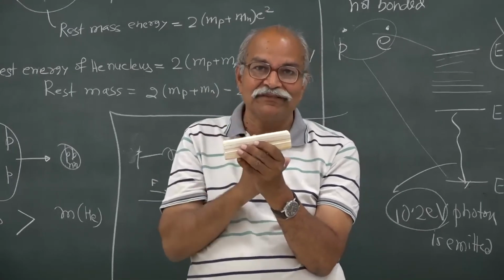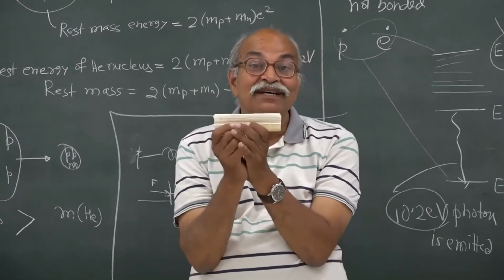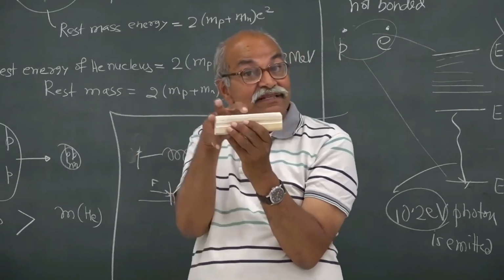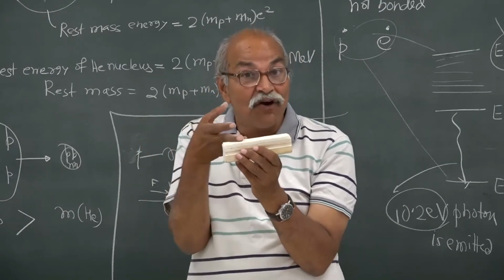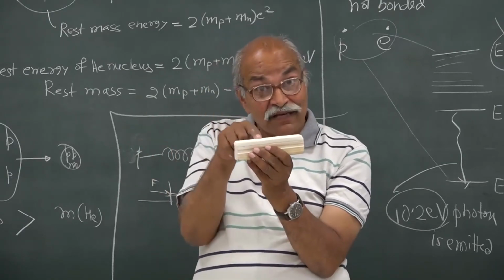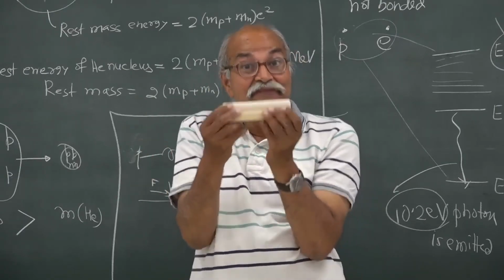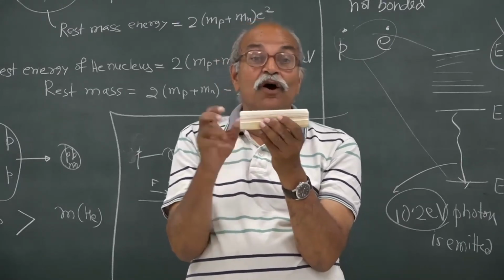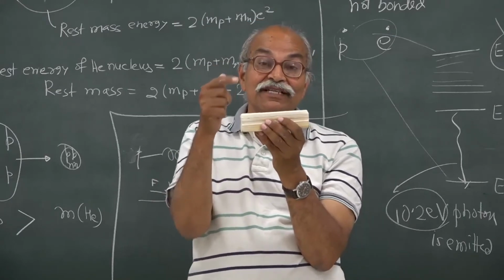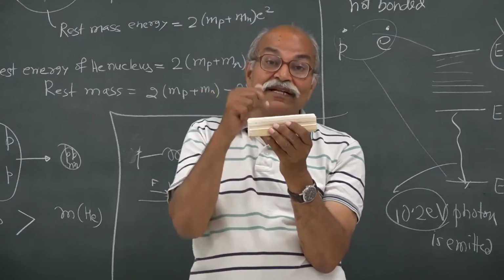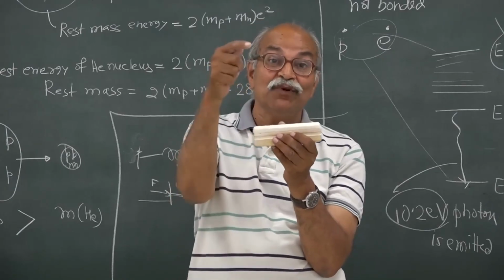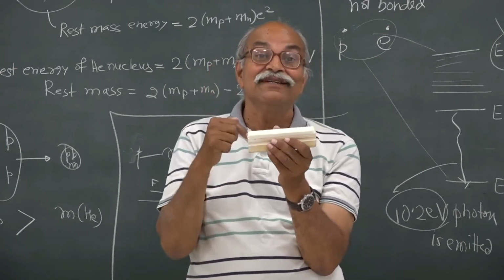So, the rest mass energy has increased, the kinetic energy has not changed and you have given the energy. So, where has that energy gone? It is converted into mass and it is heavier in that sense. So, a hot object is heavier than a colder object, the same object, when it is hot it has more mass, when it is cold it has less mass.